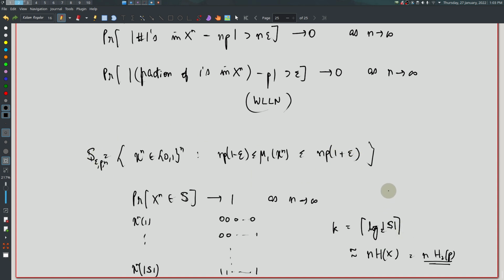The size of S turns out to be approximately 2 raised to n times H2(P), which is much smaller than 2 to the n, which is the total number of sequences. All right, any questions?